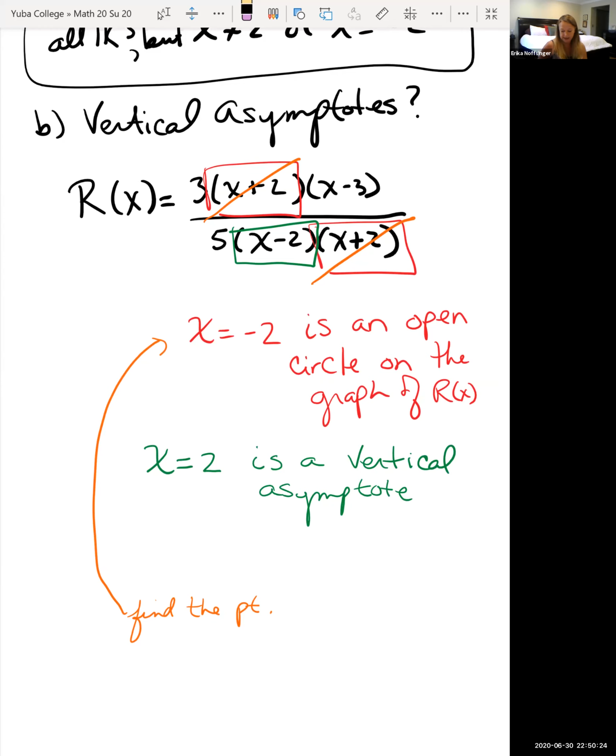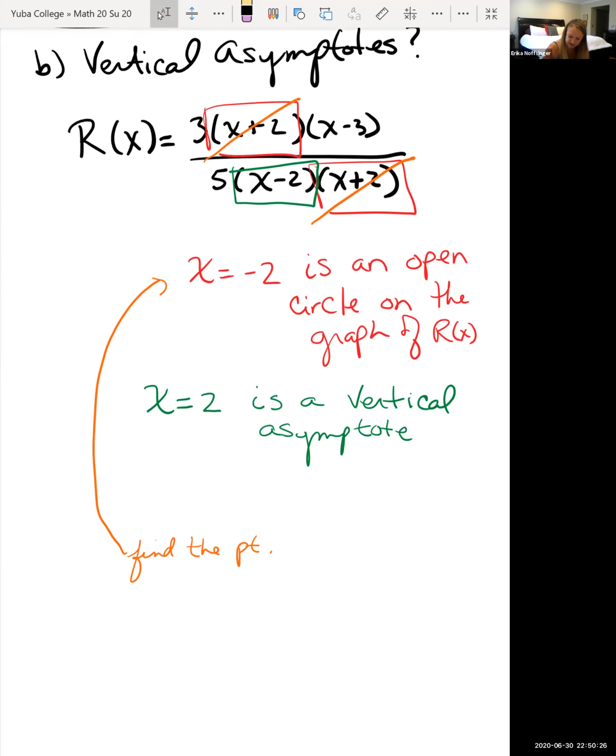But simplifying it, we would then have r of x equal to 3 times a factor of x minus 3 on top, all over 5 times x minus 2 on the bottom.